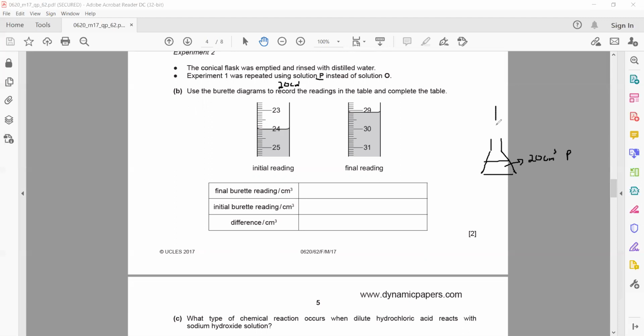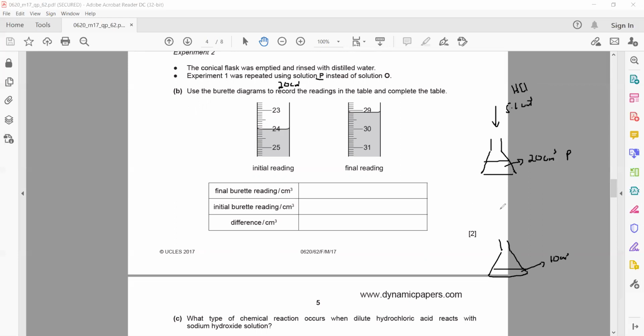how much do I need? I can use a simple ratio. But the smallest value which the burette can record is 0.1 cm cube.